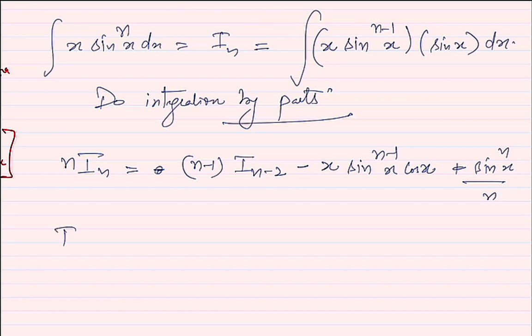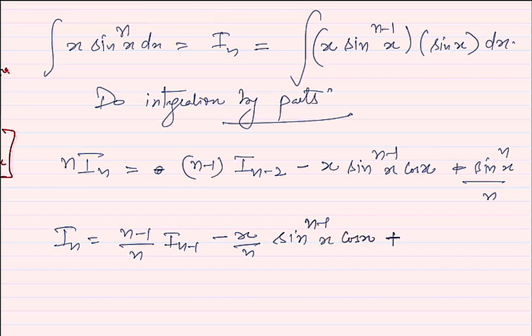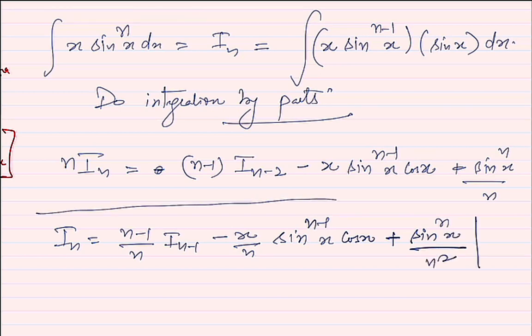So in is n minus 1 upon n in minus 2 minus x upon n sin n minus 1x cos x plus sin of nx upon n square. Okay, n minus 2.